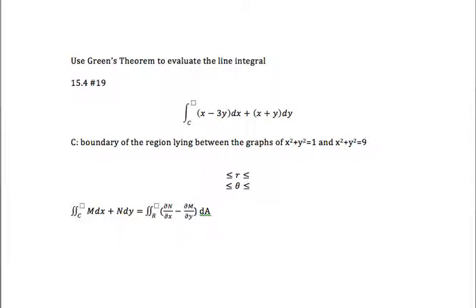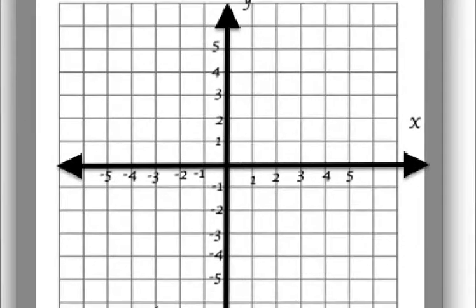Before I did anything, the first thing I did was graph these two boundaries, x squared plus y squared equals 1, and x squared plus y squared equals 9. I know that both of them are circles, and the first boundary has a radius of 1, and the second boundary has a radius of 3. So here we are going to graph what that will look like.